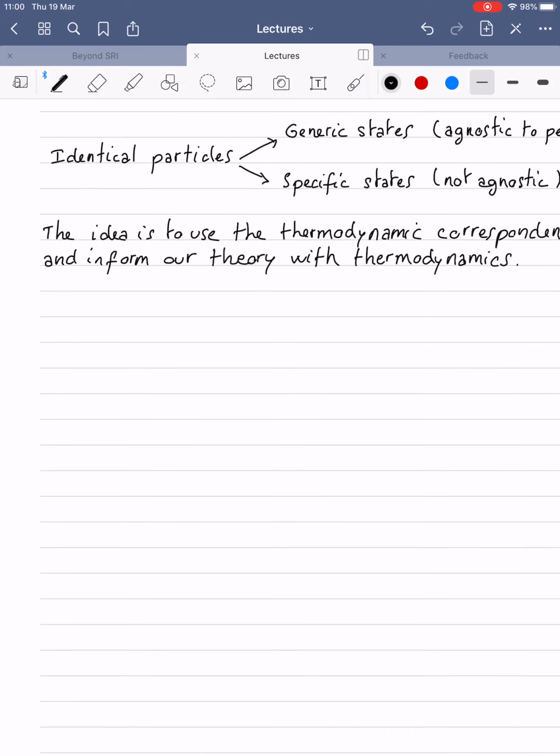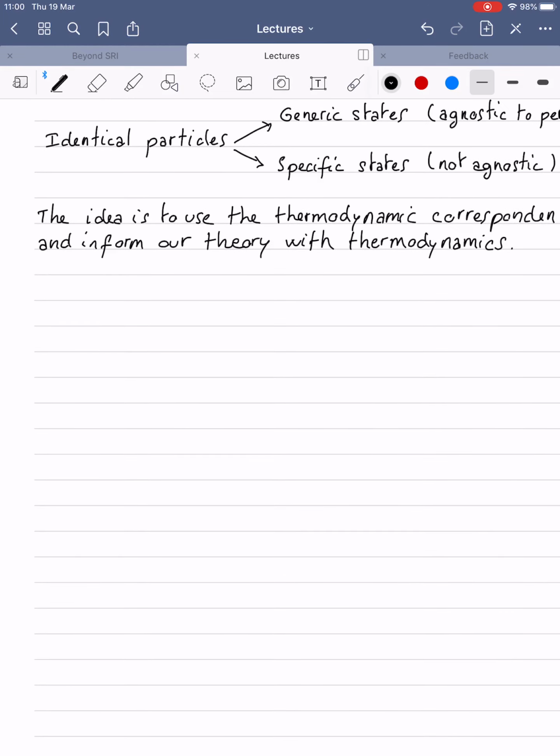So what we are going to do is look at the Helmholtz free energy, and that's called A.